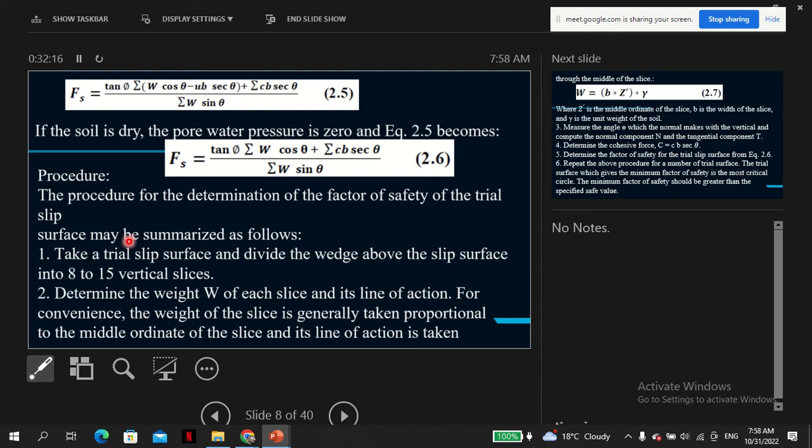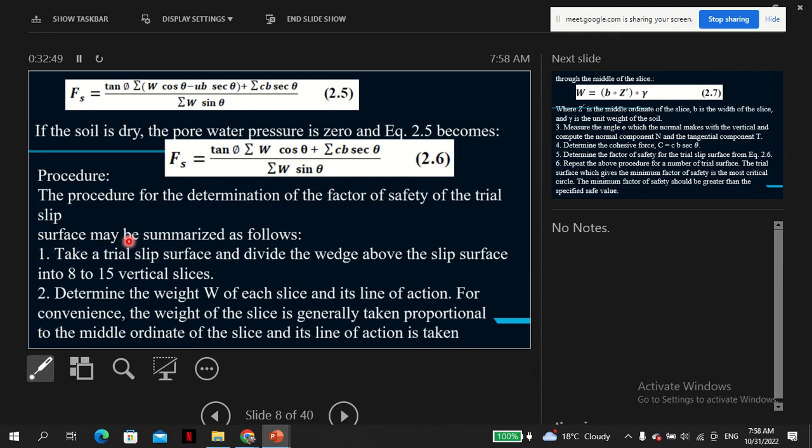For example, if the width is 2 meters, you get a factor of safety of 1.91, and then you reduce to 1.5 meters, and the factor of safety is still 1.905. So by reducing the size, you are not bringing a big difference. This is a judgment call on you as an engineer.